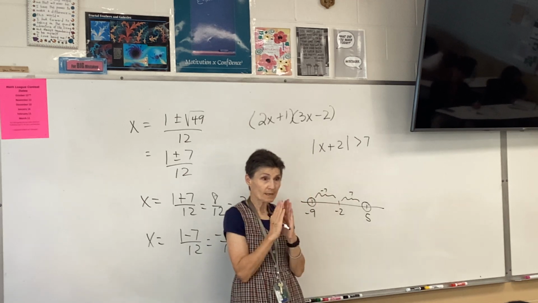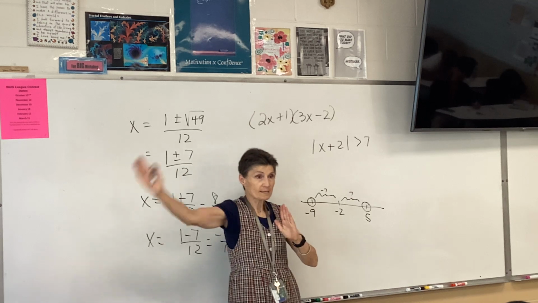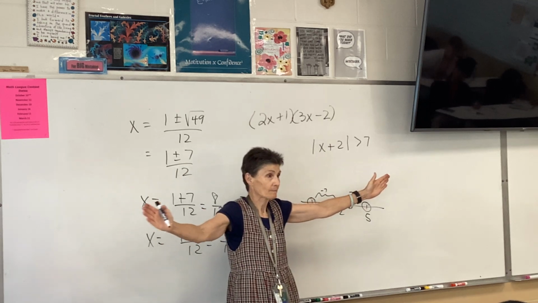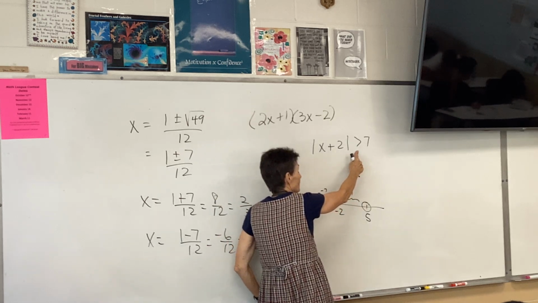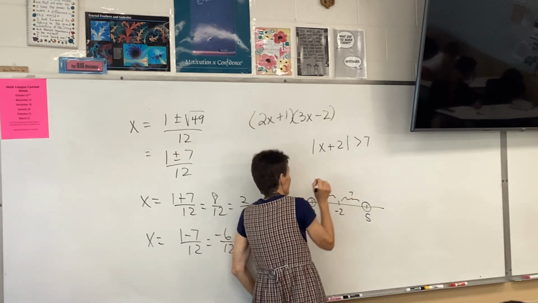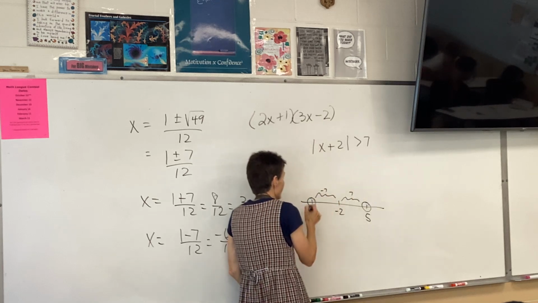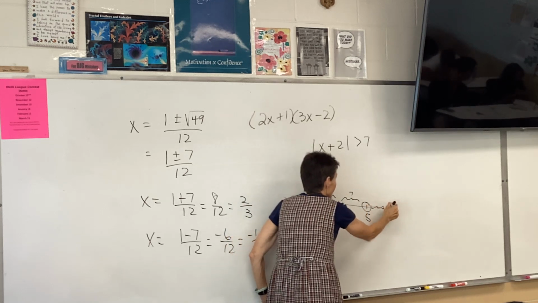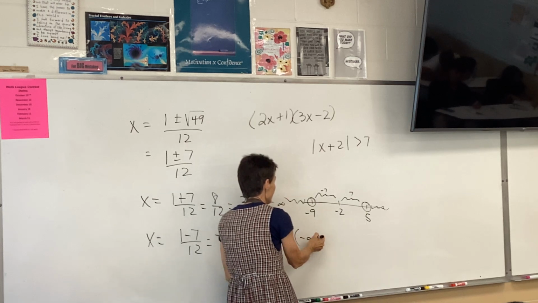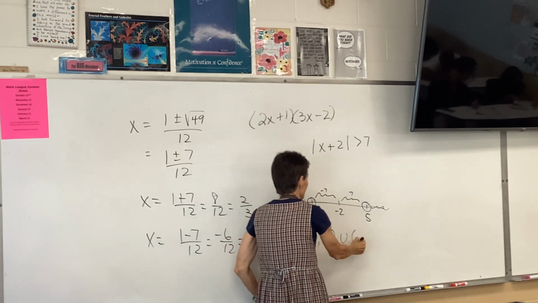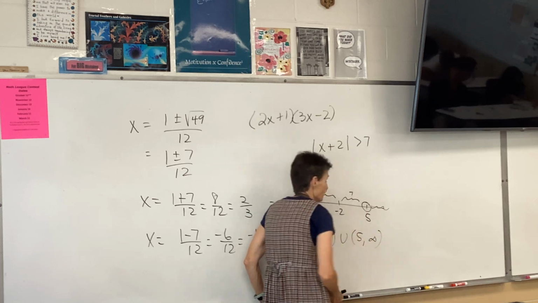So I start at -2 and go 7 both ways. Those dots are open and shaded where? Oh, whoa, whoa. Greater than is out, right? So -infinity to -9, 5 to infinity.